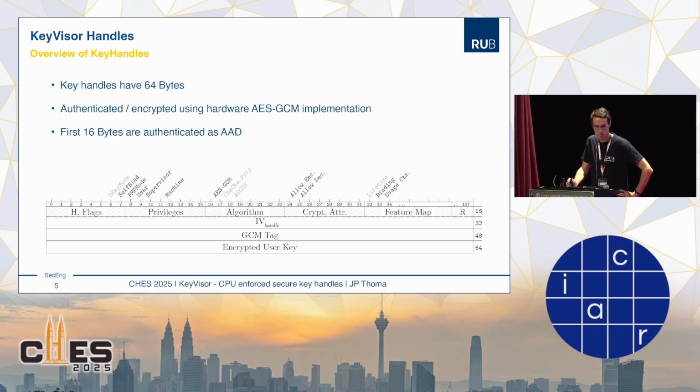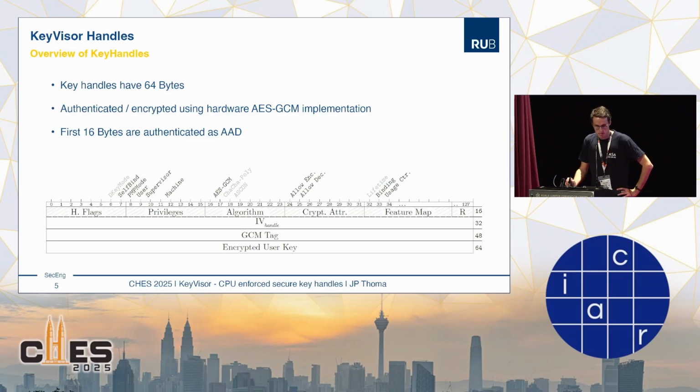So with KeyVisor, it's possible to say, here's a key handle, it's only valid for encryption, or it's only valid for decryption. Then in the feature map, you can define things like the lifetime of the key handle. You can bind it to a specific process, or you can define usage counters. For example, you can say you can only decrypt 3 times.